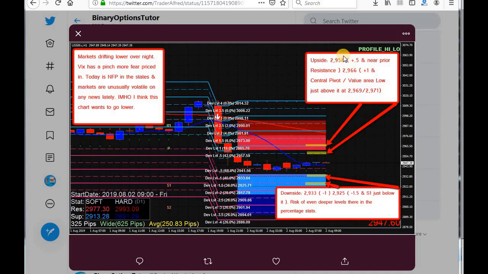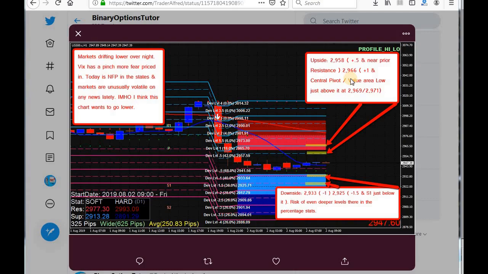They're often going to coincide with pivot points, with the value area box, and also with some prior points of support and resistance. I'm just pointing out interesting areas.